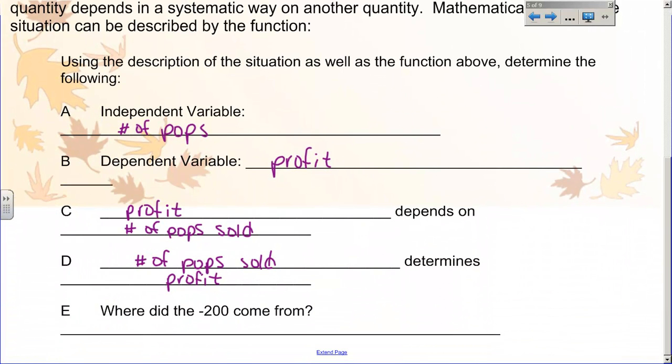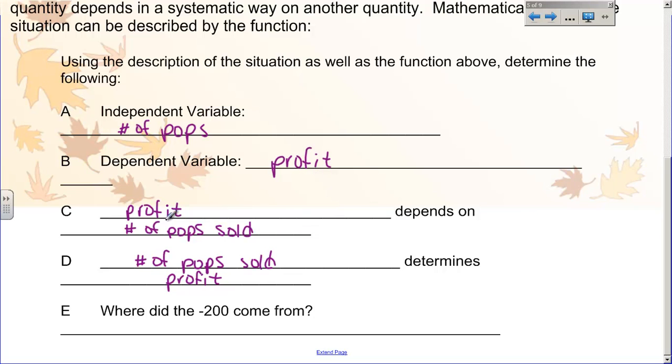Well, if you think about it, it says in the situation that they are planning to sell 2,000 pops. Well, 2,000 pops at 50 cents each is going to bring in $1,000. So it doesn't have anything to do with that.